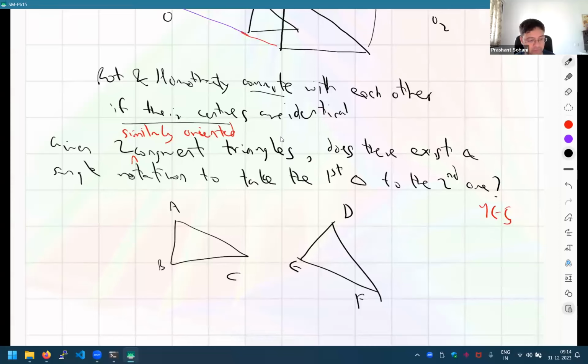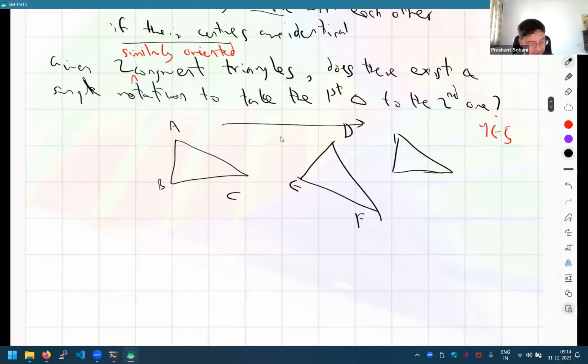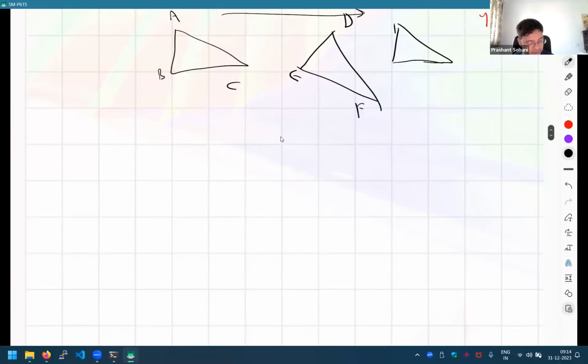There is also one problem here: if the triangle is parallel to itself, then a parallel triangle will require translation, but a triangle which is not parallel will require rotation. But I'm washing over that point a little bit by saying that you can think of a translation as a rotation from an infinite distance. Imagine a point very far away, at infinity, and from there you do the rotation.